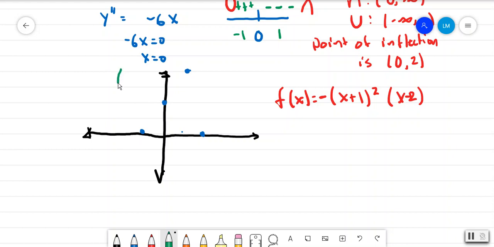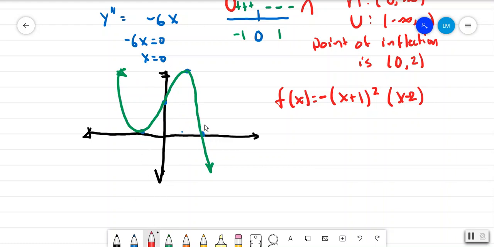Okay. Now, all that I need to do here is just use the end behavior. So we have that the end behavior goes like that, but it bounces off of that point, and then it goes like this. And then it goes like that. Now, this is my rough sketch of the graph.